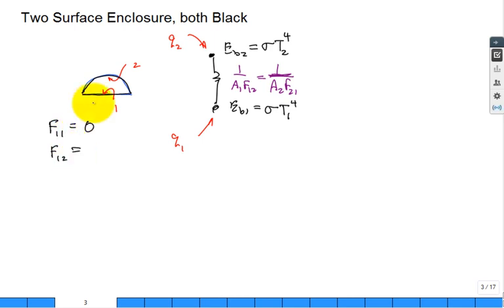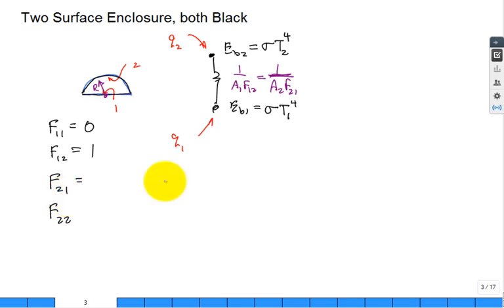View factor from 1 to 2, 1. Then you have the view factor from 2 back to 1 and the view factor 2 to 2. If this radius right here, let me see if I can draw it like this, put the radius, here's radius capital R. All right, what would be the view factor 2 back to 1? How would I calculate it?